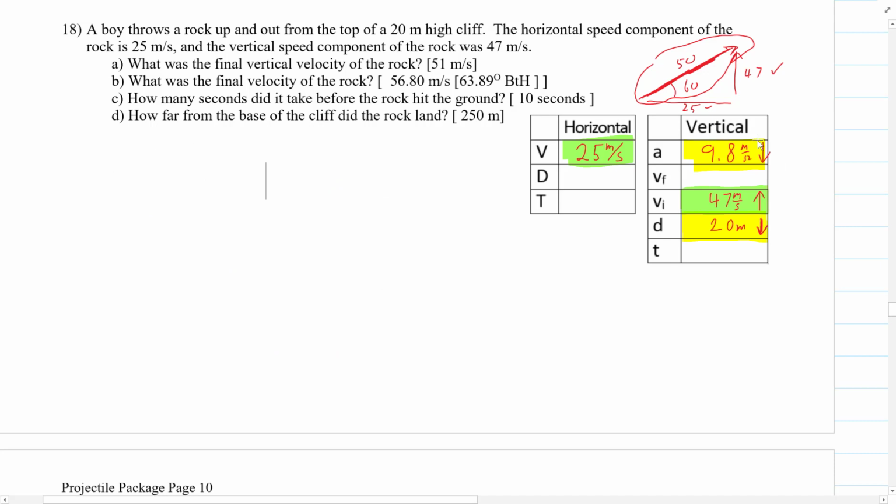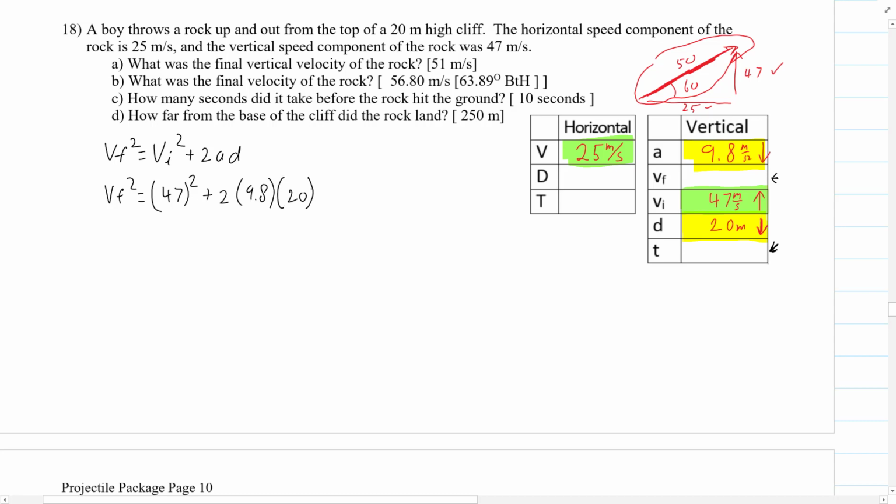So this is a loaf of bread question if you've been in my class. We can calculate the time, but we need the quadratic formula to do that. So the first thing you do is calculate this instead. And that would be VF squared is equal to VI squared plus 2AD. So VF squared is going to equal 47 squared plus 2 times 9.8 times 20.